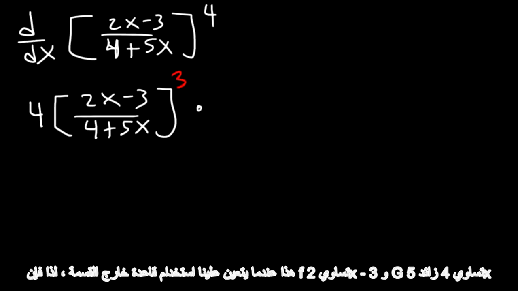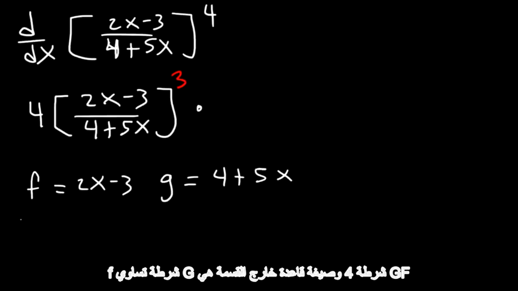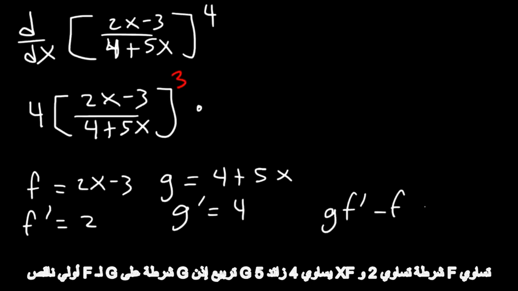So that's when we have to use a quotient rule. So f is 2x minus 3, and g is 4 plus 5x. F prime is 2, g prime is 4. And the formula for the quotient rule is g f prime minus f g prime over g squared.